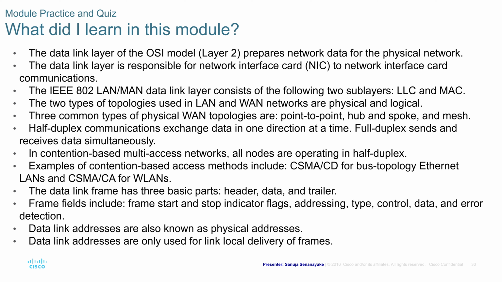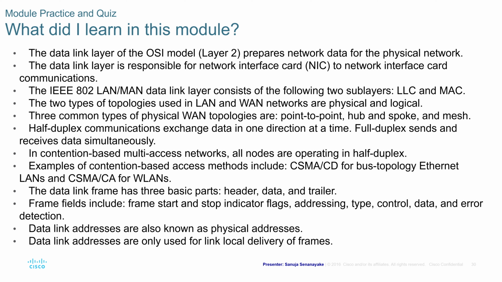Half duplex communications exchange data in one direction at a time. Full duplex sends and receives data simultaneously. And remember, half duplex is being used mostly on WLAN or wireless communications in modern technologies. In contention-based multi-access networks, all nodes are operating in half duplex, such as WLAN, for example.